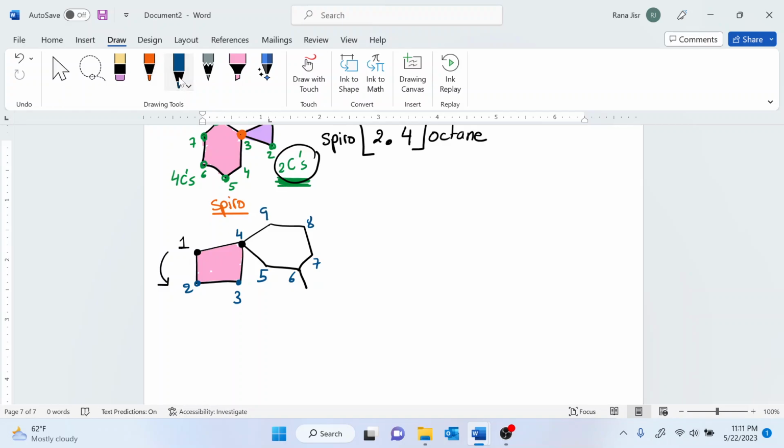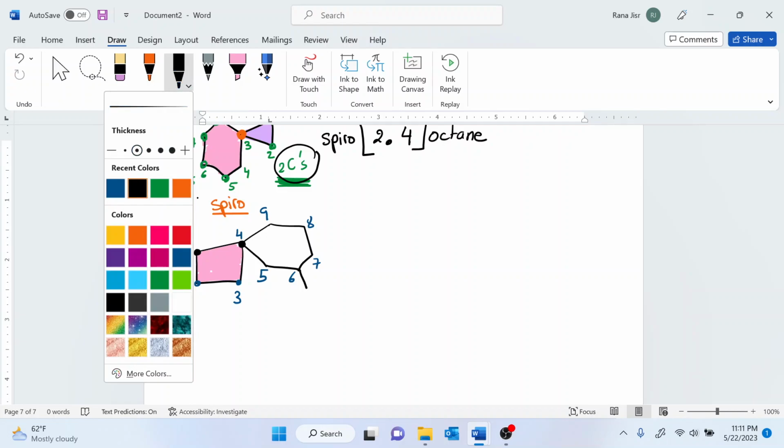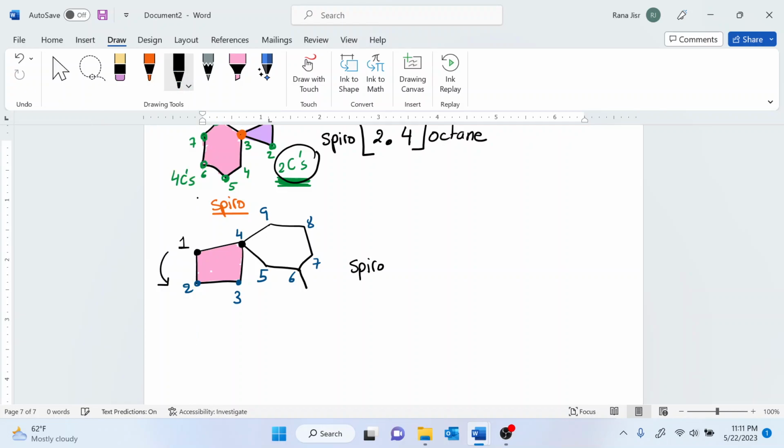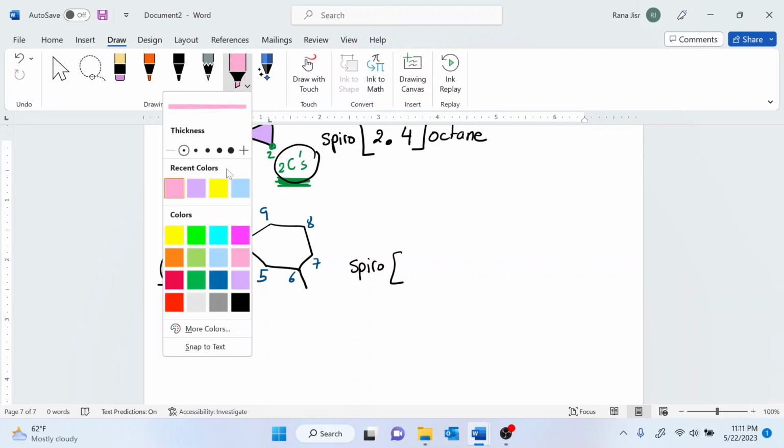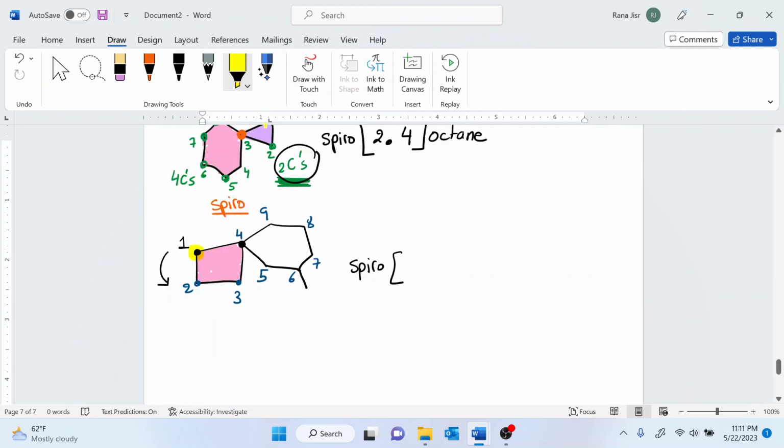So my name in this case is going to be spiro. I do have 3 carbons on the side, so this is going to be 3. And I do have 1, 2, 3, 4, and 5 carbons on the other side, so that is going to be 5.